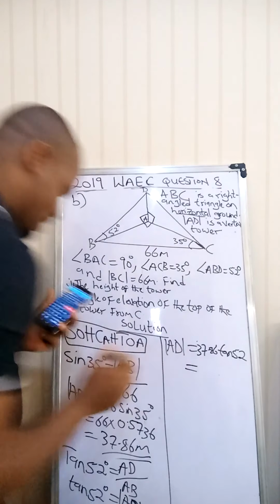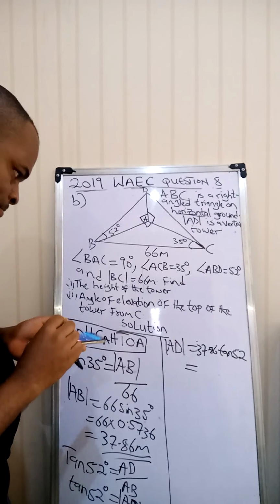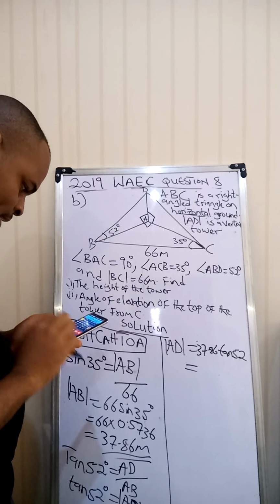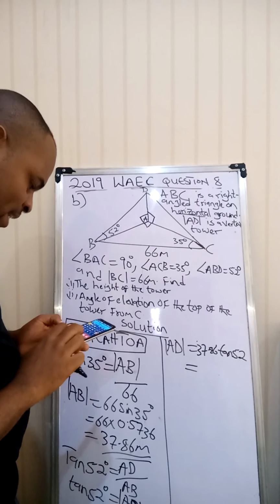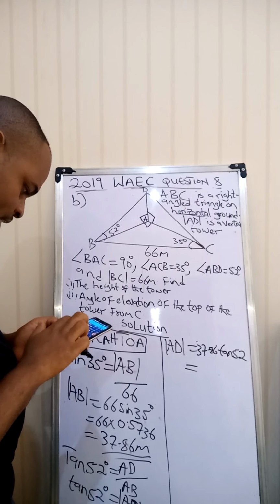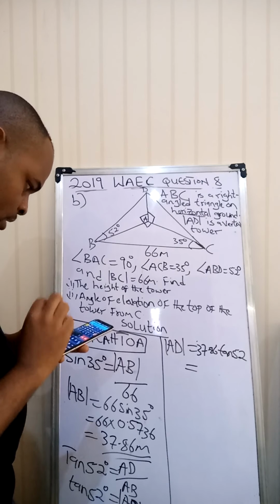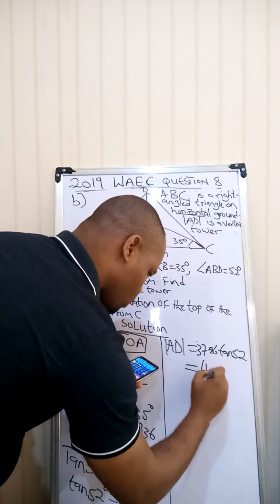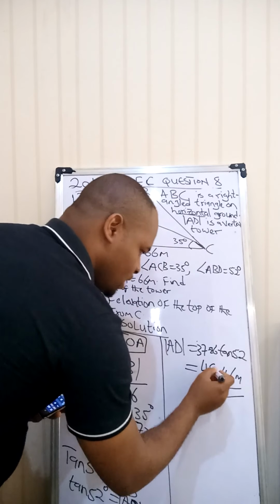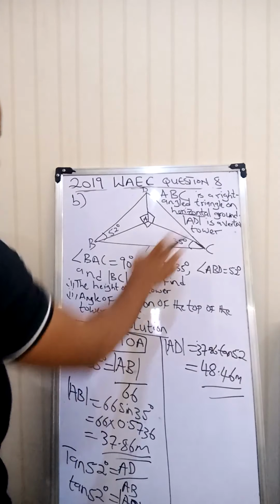If we multiply that out, I'm having tan 52 multiplied by 37.86. That gave me 48.46 meters. All right, we've solved the first part of the question.